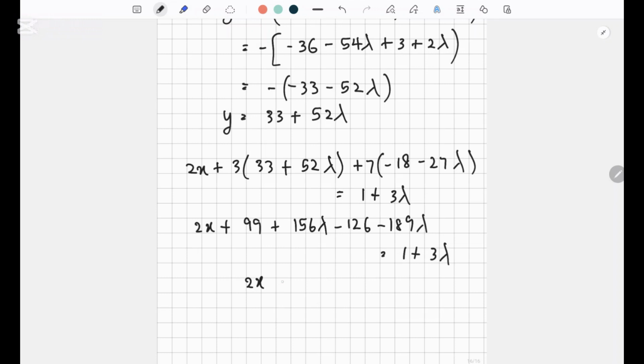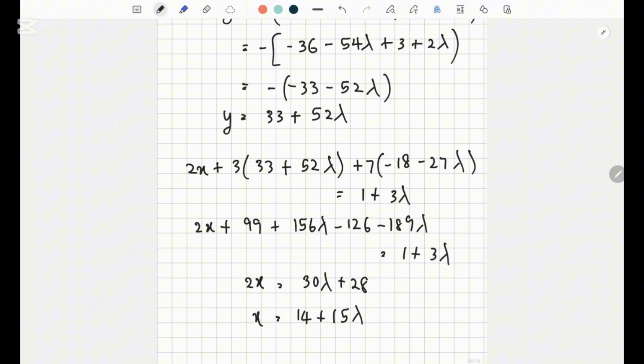So 2x equals 156 minus 189 is minus 33. When it goes on to the other side, it's 30 lambda. And 99 minus 126 is minus 27. When it goes to the other side, it's plus 28. So x equals 14 plus 15 lambda.